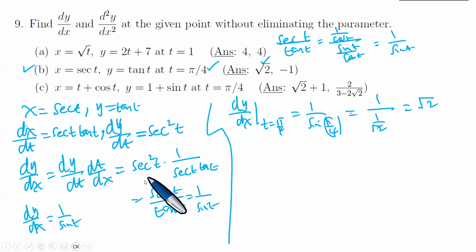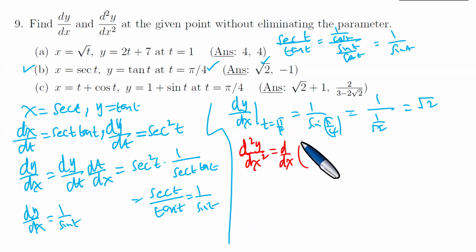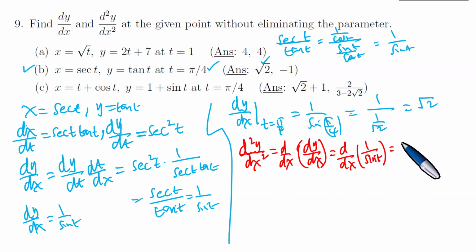And then now you're going to do the second derivative, d squared y over dx squared, which is d/dx of dy/dx. So what is dy/dx? Which is 1 over sine t. So it's d/dt of 1 over sine t.